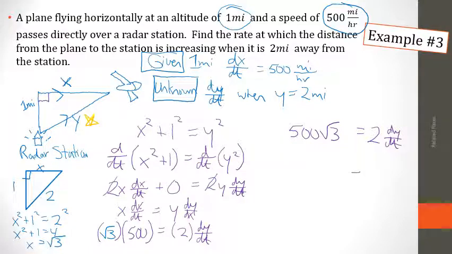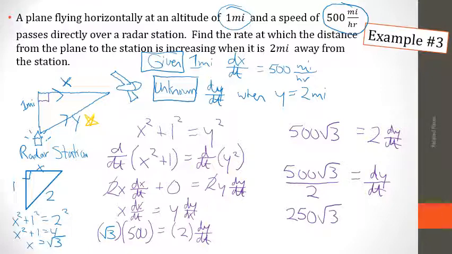So to find dy dt, divide by 2. So 500 square roots of 3 divided by 2, so 250 square roots of 3 miles per hour is dy dt. And I could put that in my calculator and figure out how much it is if I wanted to know in decimal form. There you go.